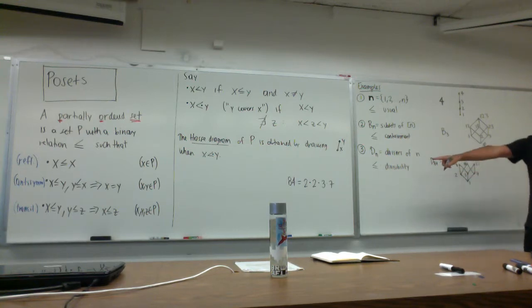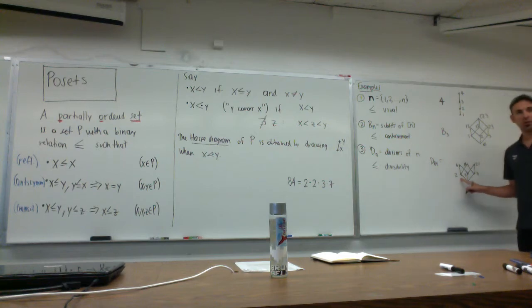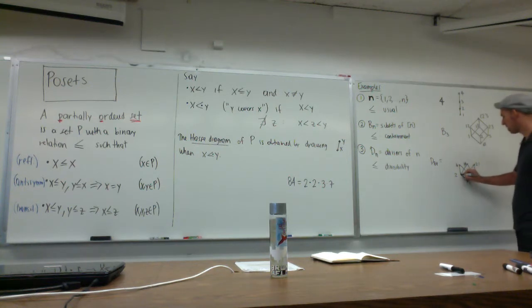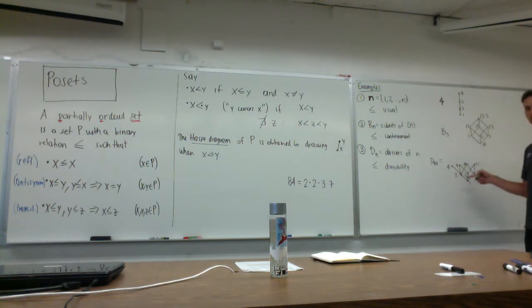The other one is 2 times 2, right? So where should I put 4 here? Well, 4 is a multiple of 2, and it's not related to anybody else. Well, I guess it's a multiple of 1. But 4 covers 2, and then there's no relation with the other ones. So I put it there.